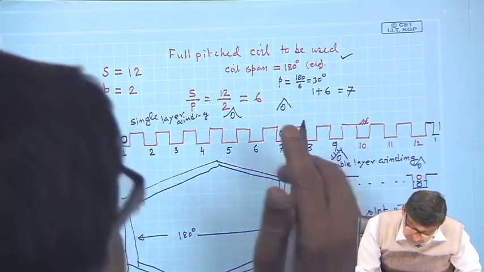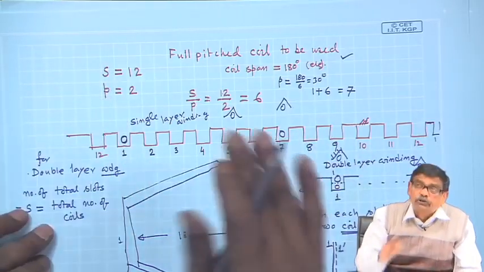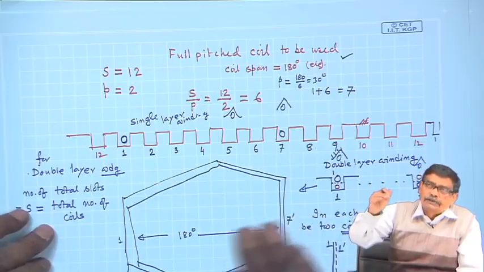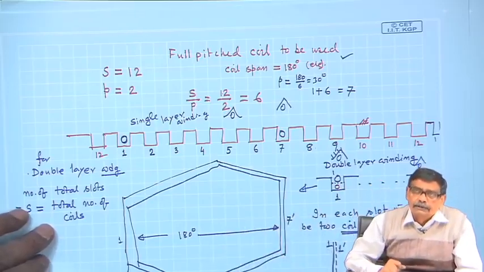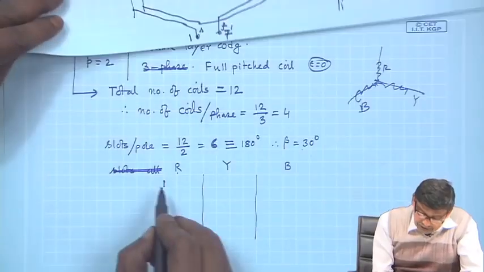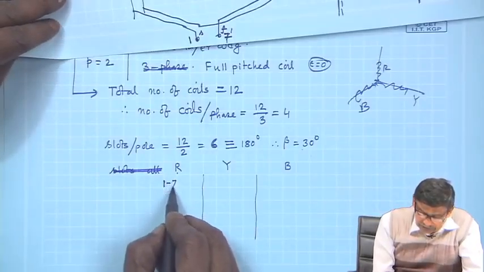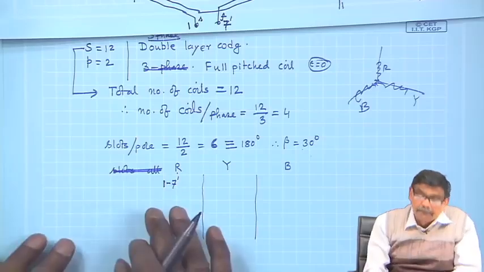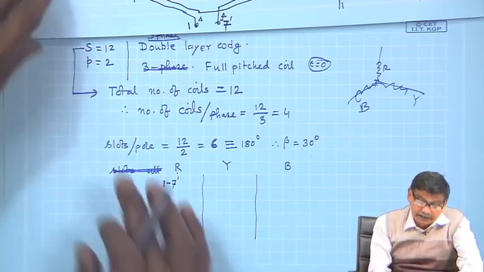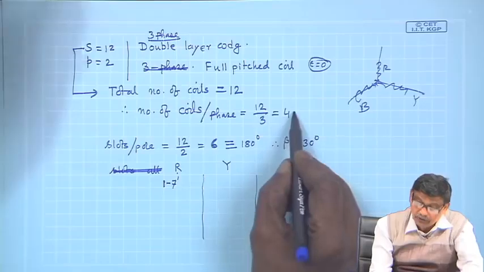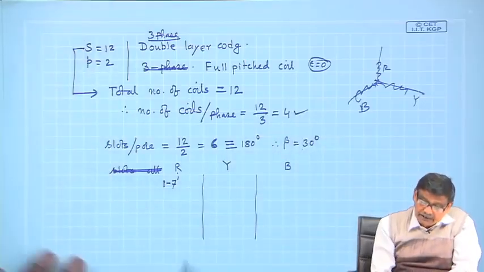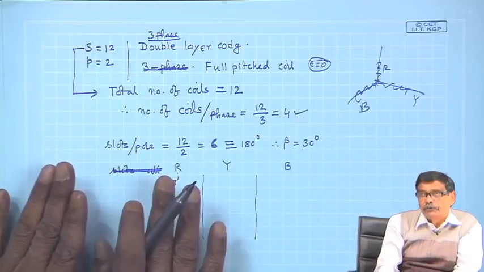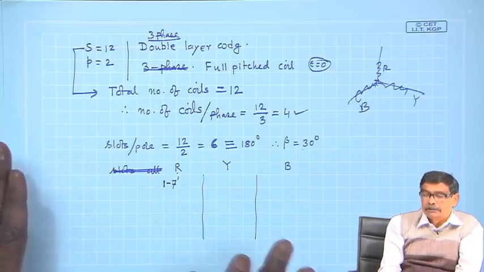From the top you cannot see it; you can see the other coil side which will be placed in the upper deck. We will see that. So, this coil I will simply write as 1 7 dashed. I have started my R phase, there will be 4 coils, and 1 coil is put in its place, 1 7 dashed.